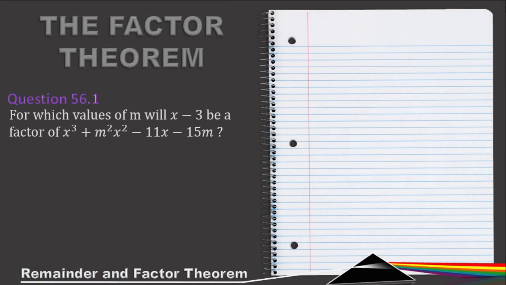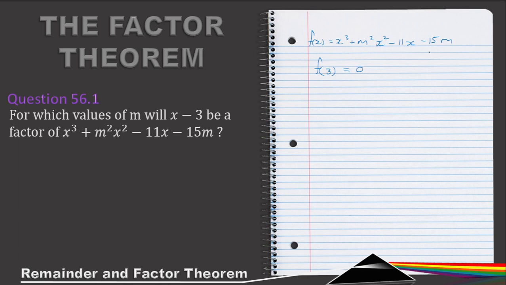Right, question 56.1, for which values of m will x minus 3 be a factor of the following? We have f(x) equal to x to the power of 3 plus m squared x to the power of 2 minus 11x minus 15m. It says that x minus 3 will be a factor, which means if we substitute in 3, it must give us 0.